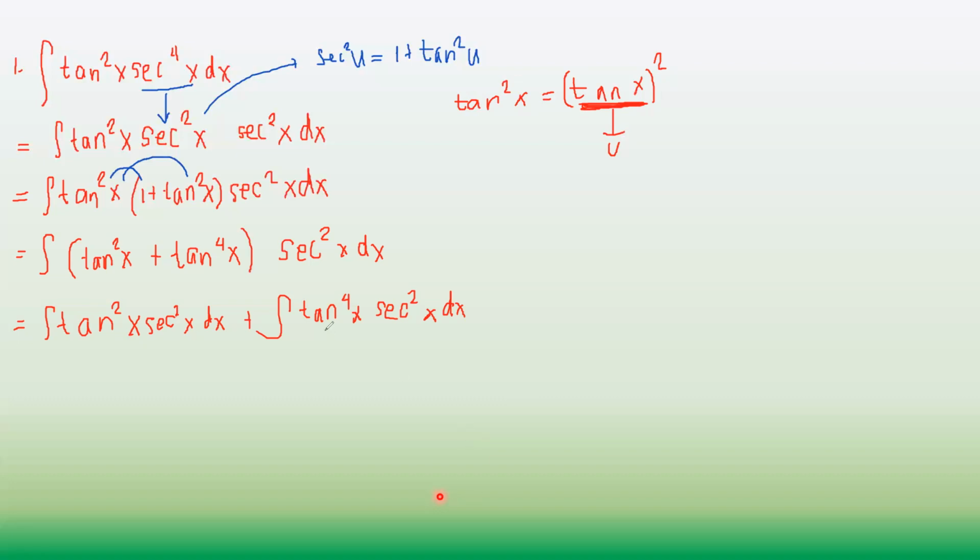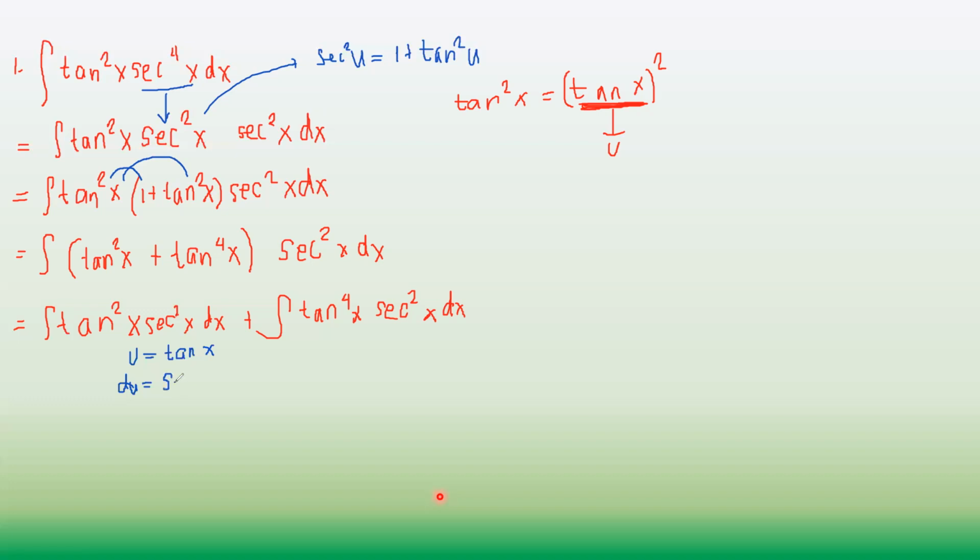Same with your second term, tangent raised to 4. So yan ay tangent x quantity raised to 4. Kaya ang u mo lang din dyan is tangent x. So parehas sila ng u. Tuloy natin. So we're going to let u equals tangent x. Now differentiate natin. We will have du equals, so ang derivative ni tangent u ay secant squared u du.